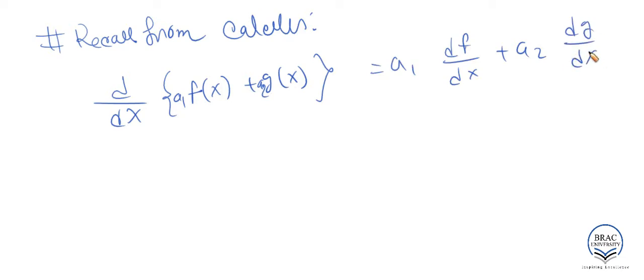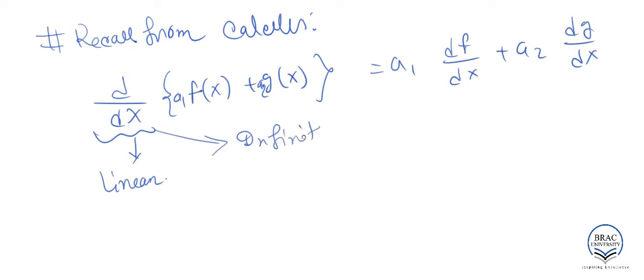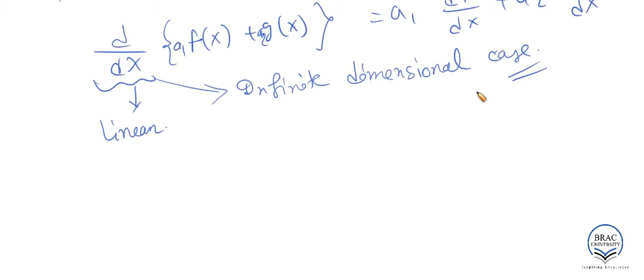I mean, not 'by', that is the derivative, but that's how we pronounce it sometimes. So this derivative operator is also linear, and this is an example of an infinite dimensional case.